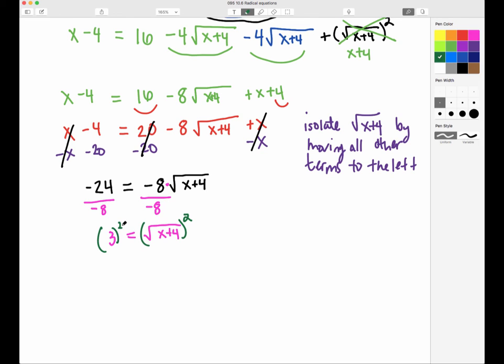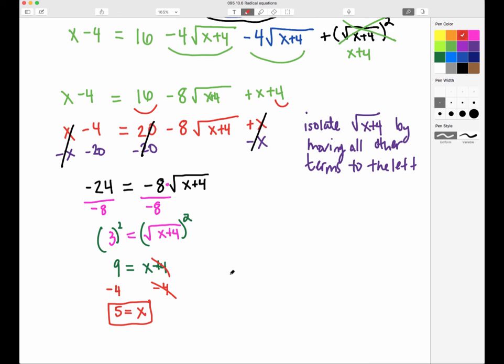So 3 squared, that makes 9. Squaring a square root, that gives me x plus 4. And the goal, ultimately, is always to solve for x. So I'm going to subtract 4 from both sides. So cancel, cancel, I get 5 equal to x.